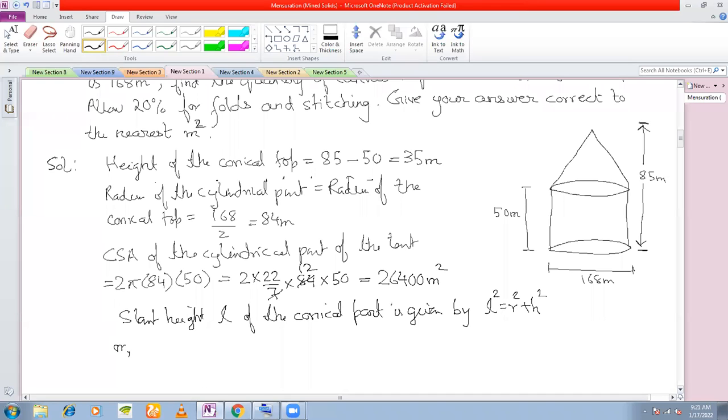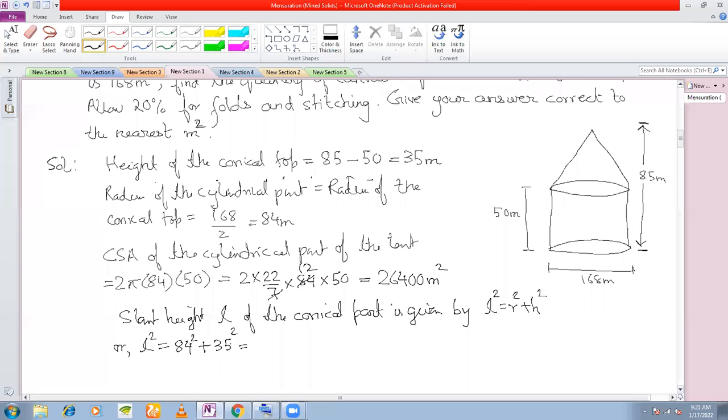We want to calculate L. Our radius of the conical part here is 84, and height of the conical part is 35. Right?